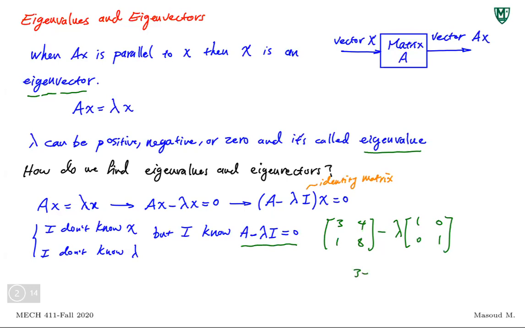So this becomes 3 minus lambda, 4, 1, and 8 minus lambda. This is A minus lambda I. Keep in mind, this is a matrix with lambda in it. It could be 3 by 3; then A would be 3 by 3 and I would be 3 by 3.